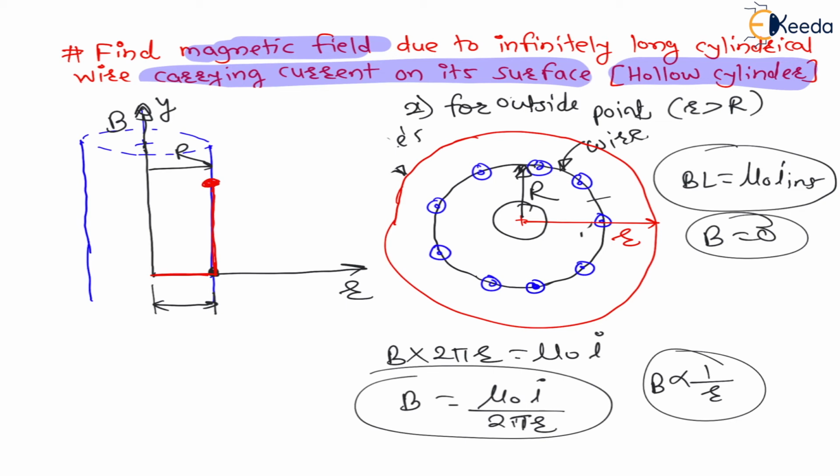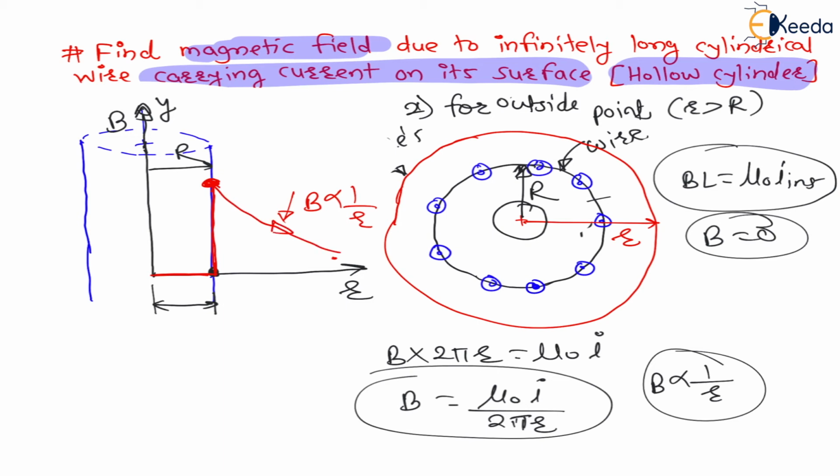And from this location the maximum is mu naught I divided by 2 pi capital R. Here there will be capital R, and from there onward as r increases, B is inversely proportional to r. Therefore the graph will go like this, a curve. Inversely proportional means there will be a curve like this. I hope you are understanding, right?